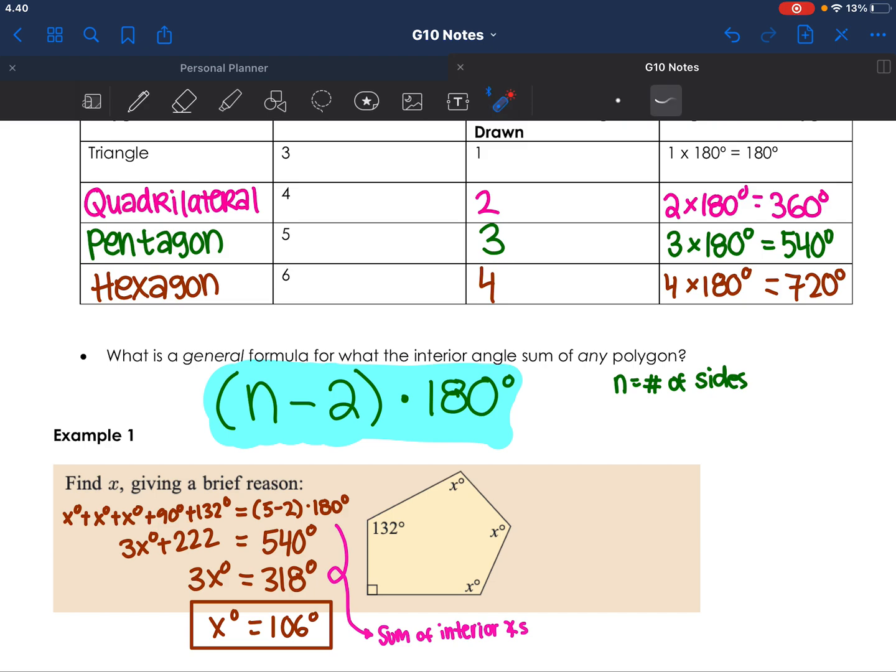And lucky for us, we already have that formula. So we plug in 1, 2, 3, 4, 5 sides minus 2, that's 3 times 180, 540, and solve for x. You got 106 degrees. And do not forget to give a brief reason, or in my words, justification. You need to justify in geometry always. So for me, the justification is sum of interior angles. That's how we got this, right?